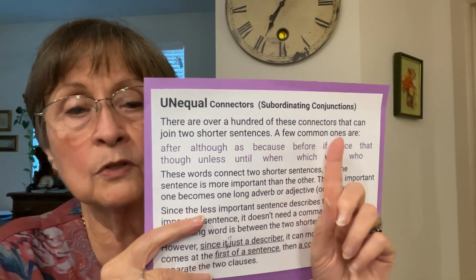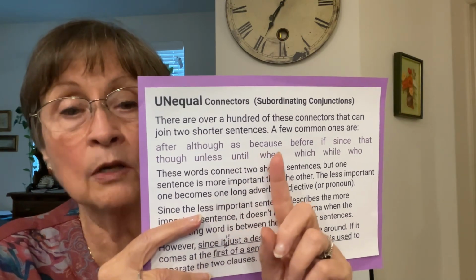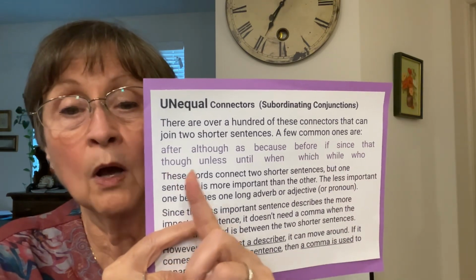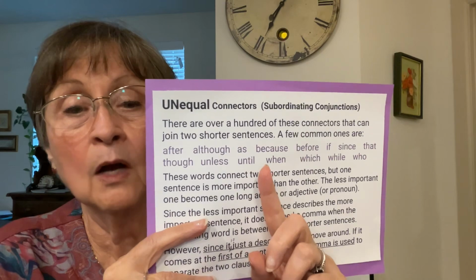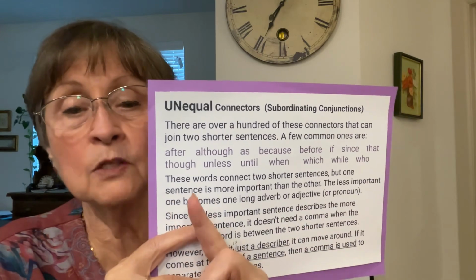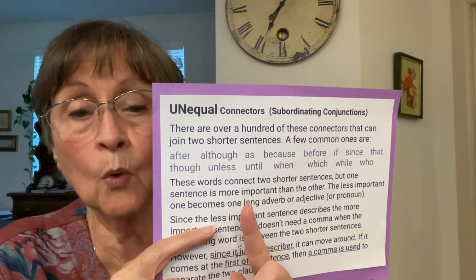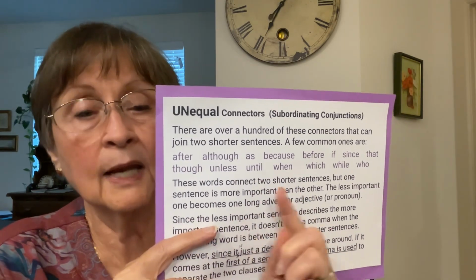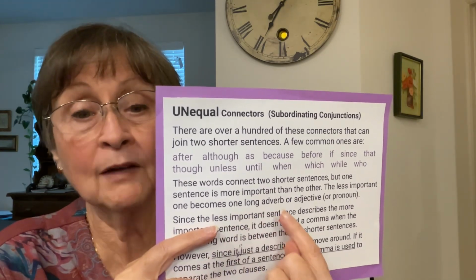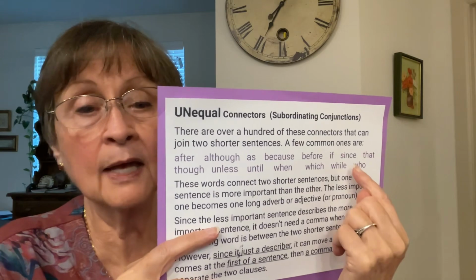A few common ones are after, although, as, because, before, if, since, that, though, unless, until, when, which, while, who. These words connect two shorter sentences, but one sentence is more important than the other. The less important one becomes one long adverb or long adjective, or occasionally a pronoun, as when we use who.